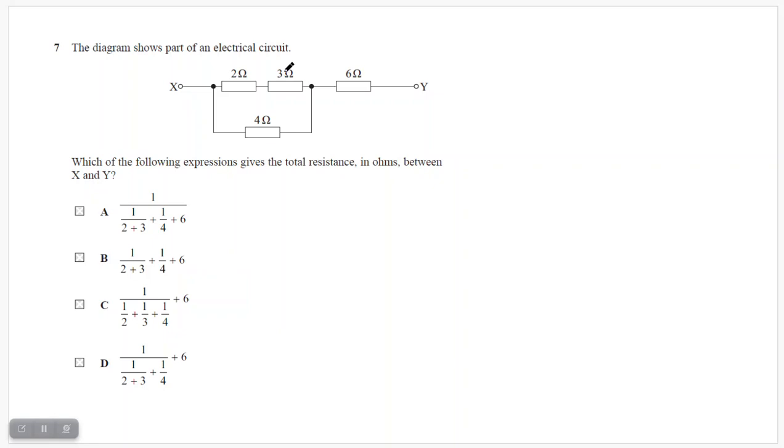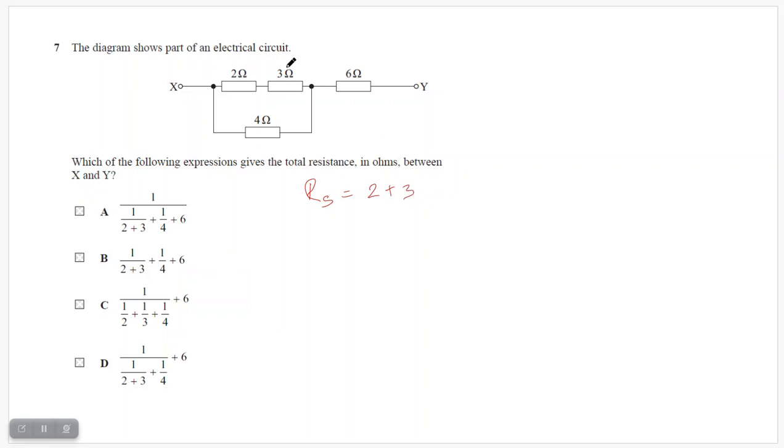So for these, my suggestion is do in steps. Solve these in steps, everybody. For example, let's first find out the resistance in the series section, which is just 2 plus 3. Why I am not writing 5 is because they're not looking for the value, they're looking for an expression.